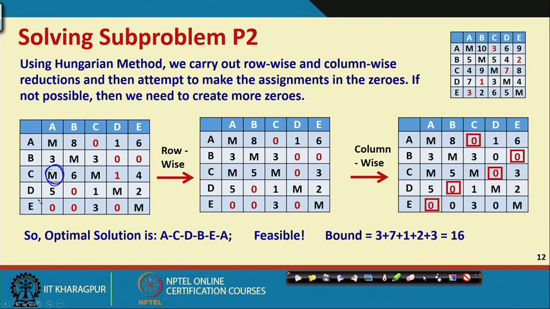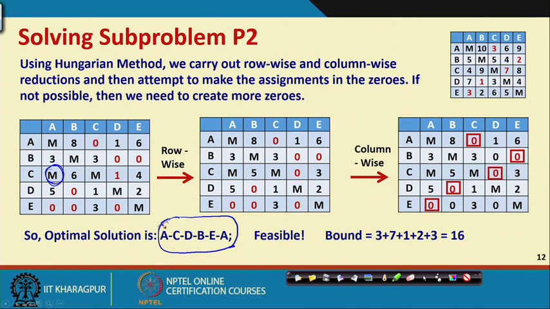C to A has been put to M, and after row wise and column wise reduction, we find the solution as A to C, C to D, D to B, B to E and E to A. So, you are right in what you are thinking, I am also saying the same thing, that we have now got a feasible solution for the travelling salesman problem, right.